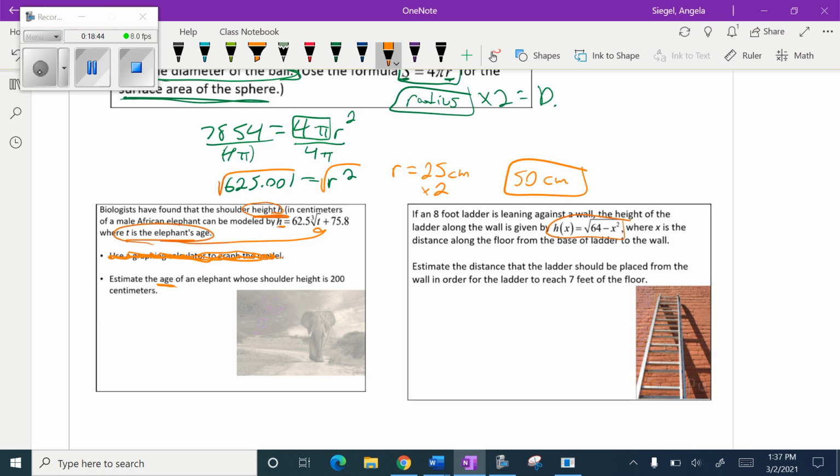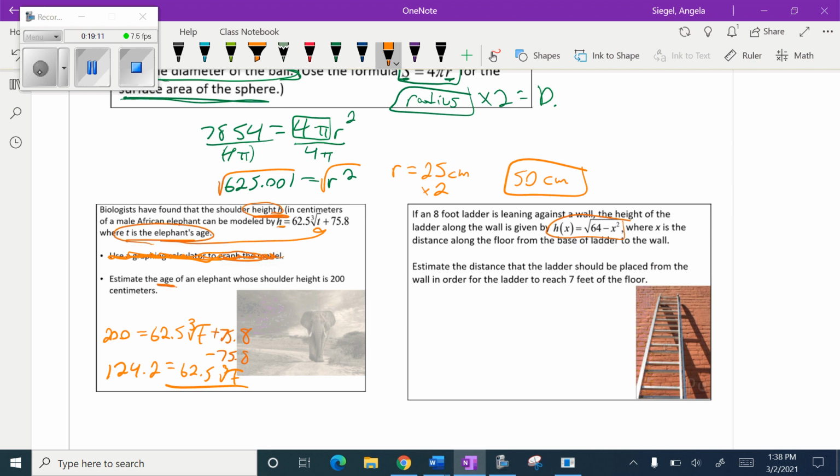So I'm finding T for a height of 200 centimeters. I'm just going to plug in 200 for this and then solve for T. Let's subtract 75.8 from 200, and I end up getting 124.2.